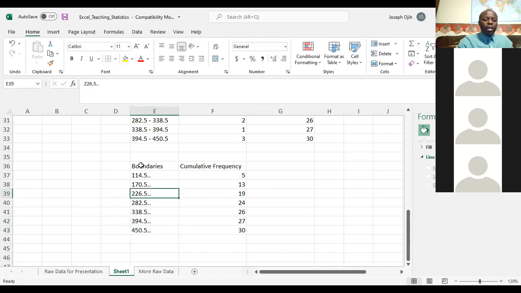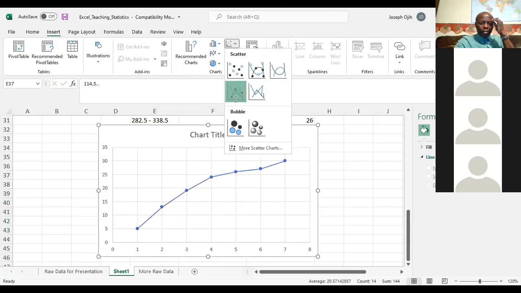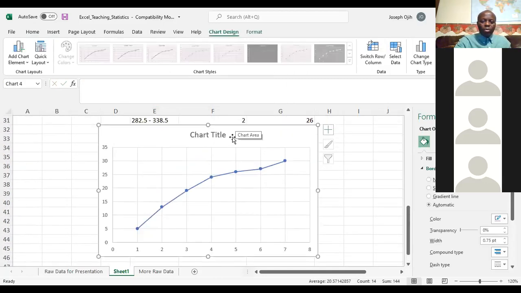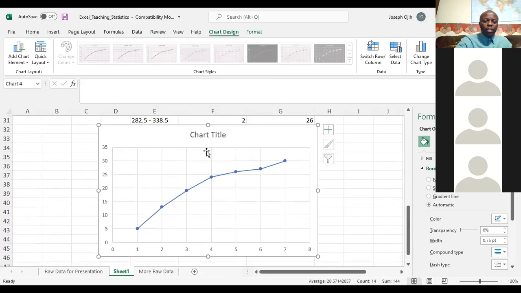Now you can highlight it, insert this and that. Unbelievable. Okay, I'm gonna figure out why it is giving me these numbers here instead of the actual values that we need. In any case, the graph is drawn.